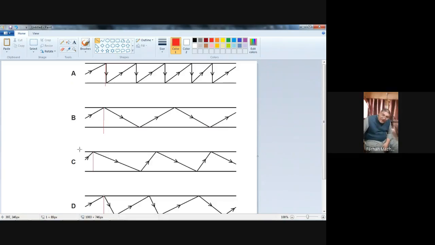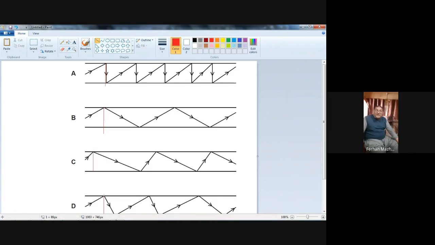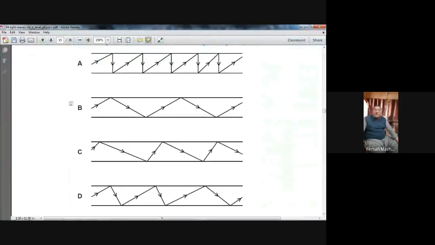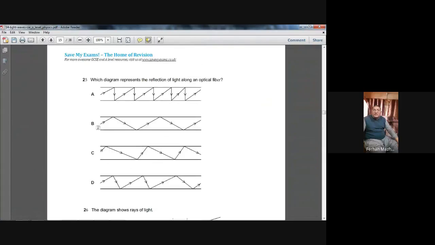So the only better option is B, where, when I draw the normal, the angle of incidence and angle of reflection are equal to each other. So I hope you have understood how we decided which diagram shows the correct total internal reflection process. B is the right answer.